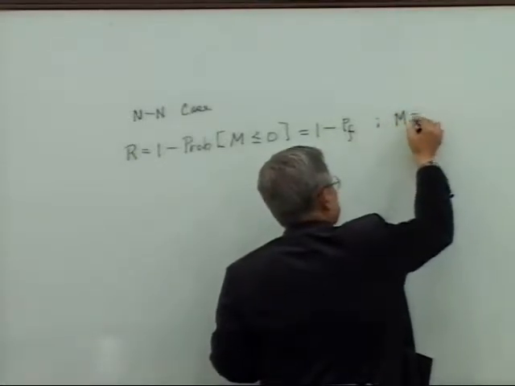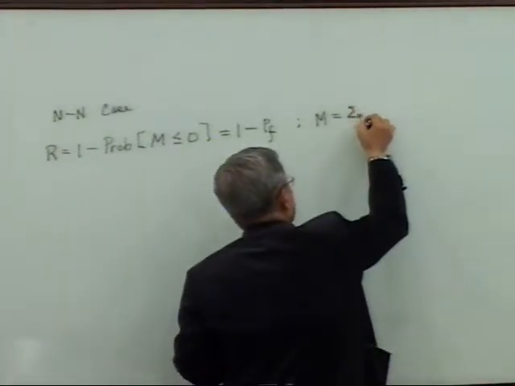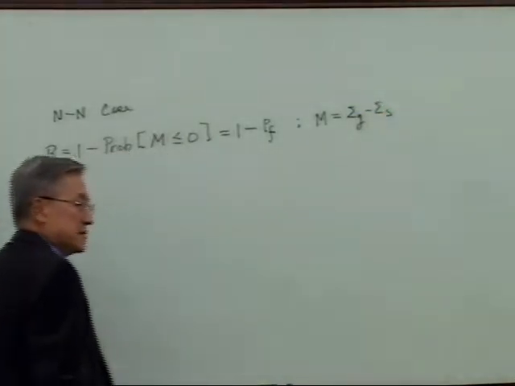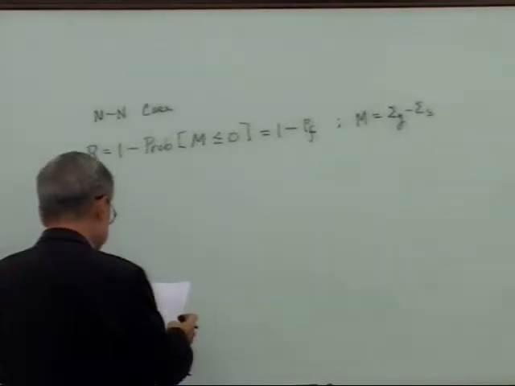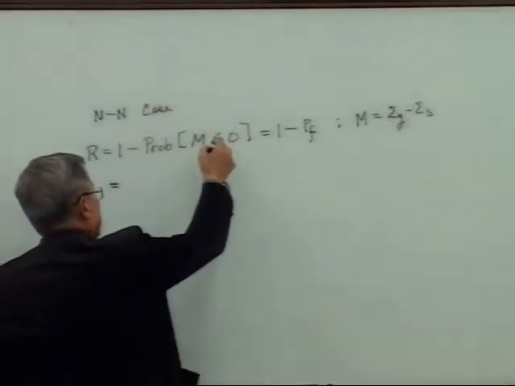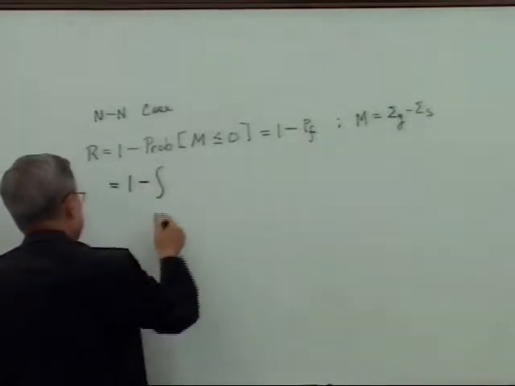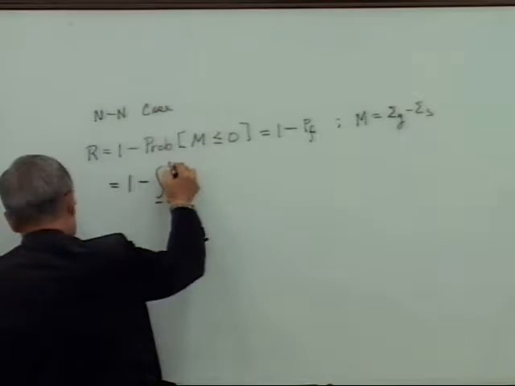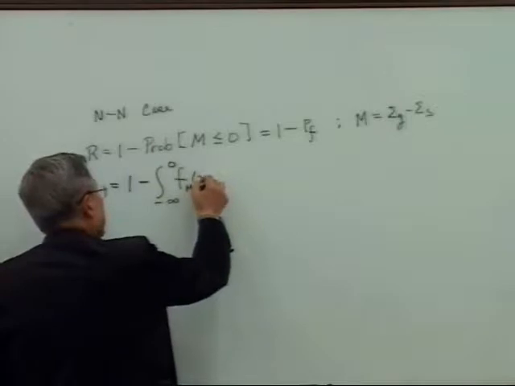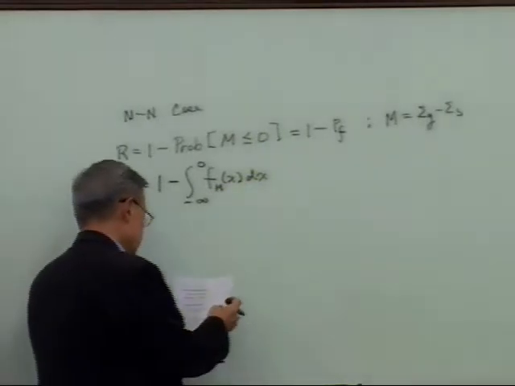The margin is, of course, a random variable, which is sigma y minus sigma s. Then you can write this as 1 minus the integral from minus infinity to 0 of f_M(x) dx. It's a clear description.